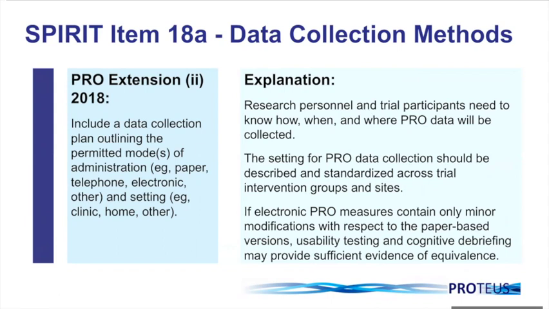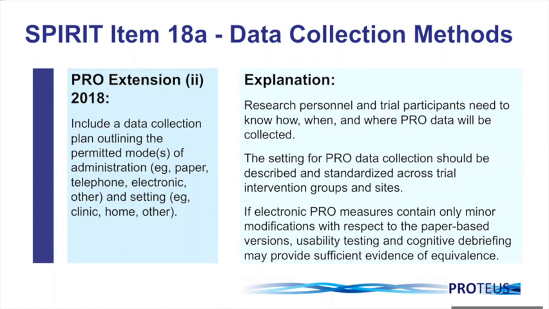So we now turn to the second item relating to SPIRIT 18A. This is another PRO extension, which is focused on including a data collection plan outlining the permitted modes of administration, for example, paper, telephone, electronic or other, and the setting, whether it's in the clinic, the participant's own home, a combination or other.